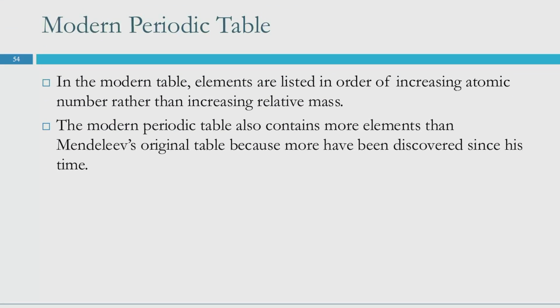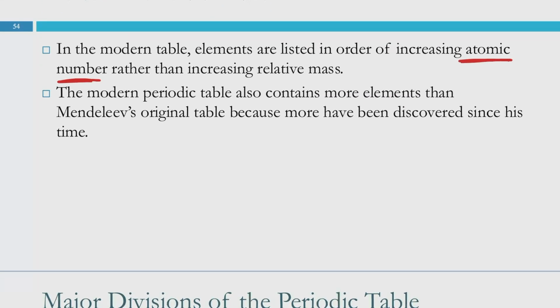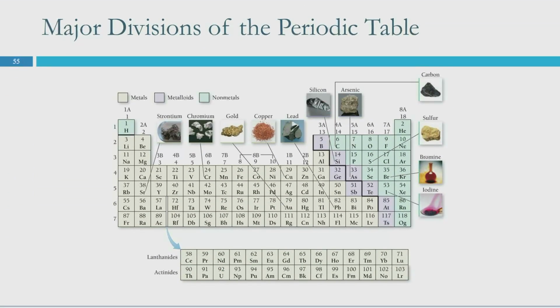So in our modern periodic table, we arrange things in order of increasing atomic number. The atomic number is the focus now instead of increasing relative mass, although they sort of go hand in hand. It also has a lot more elements because we've discovered now 118 elements. So here's the breakdown. There's a lot of different ways that you can cut the periodic table. One of the major ways is into 3 categories.